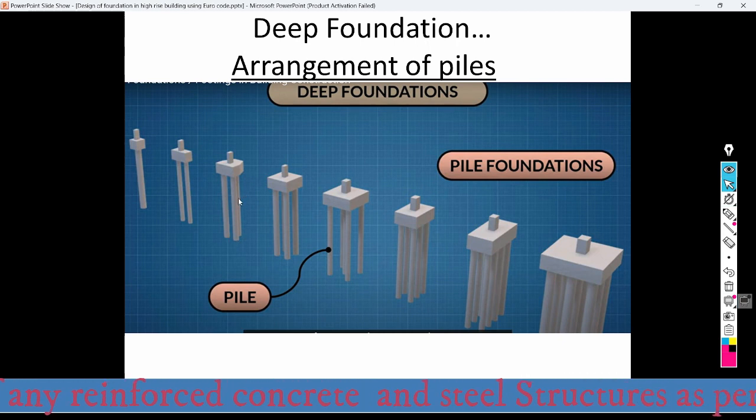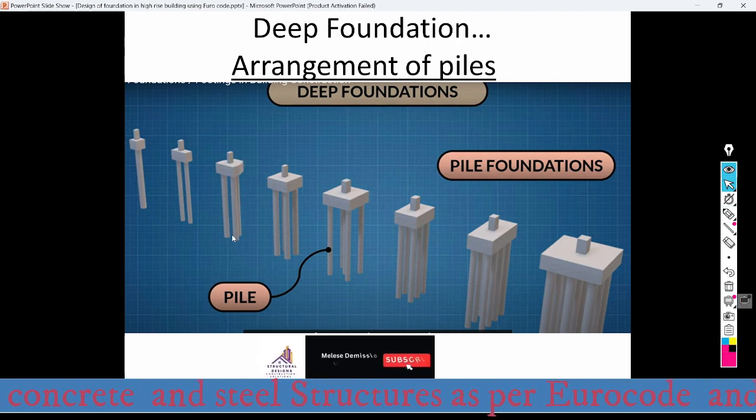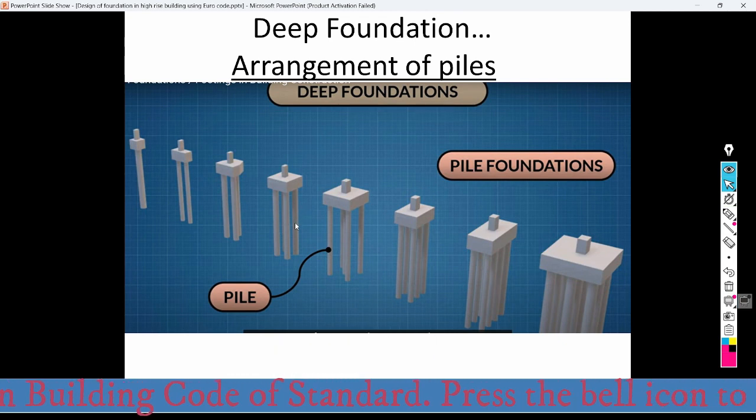And here we have also three piles. In the case of three piles, we may have a triangular pile cap, and we may have a rectangular pile cap here, because here we have four piles. And in the case of this one, we may have five piles, one at the center and the others at the corners. And in the case of this one, we have three piles in this direction. So all those are the arrangements of the piles.